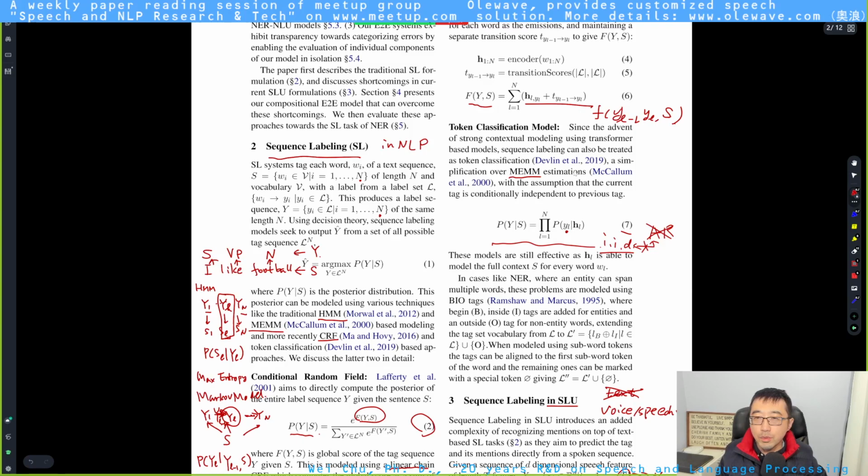And also, even if you use CRF, you can see that they have this type of conditional independence assumption. So you just have to sum over, and it probably just has this term related to the previous L-1 label, but the embedding here is not dependent on the previous label.